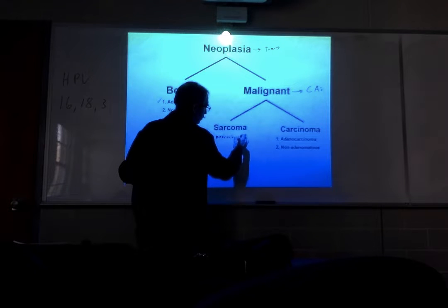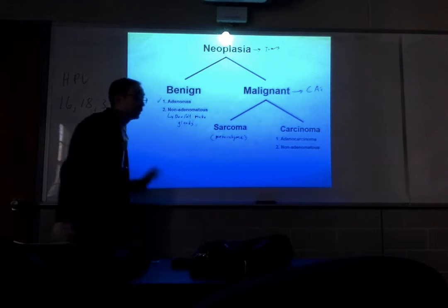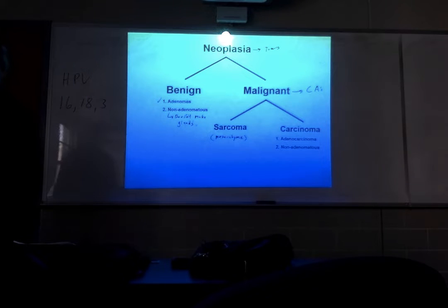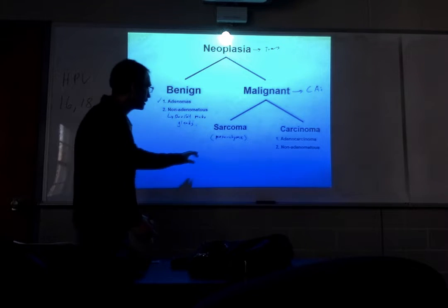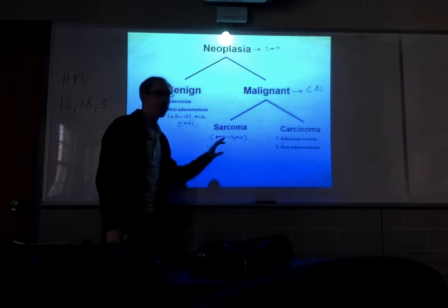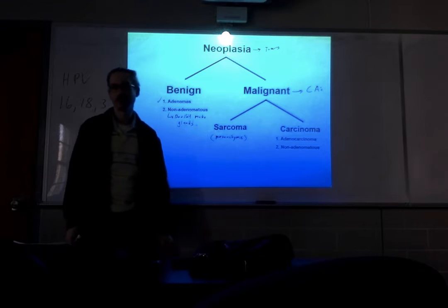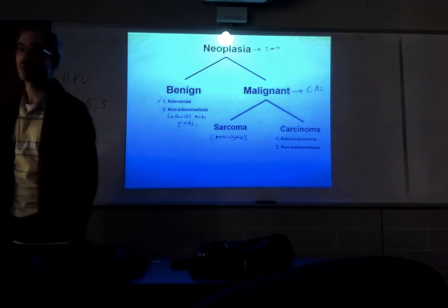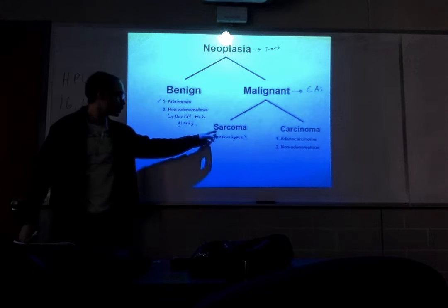Mesenchyme is that primitive, undifferentiated tissue. It gives rise to things like fibroblasts. That's mesenchyme. Any malignant neoplasm in which the cells arise from mesenchyme will be called a sarcoma.